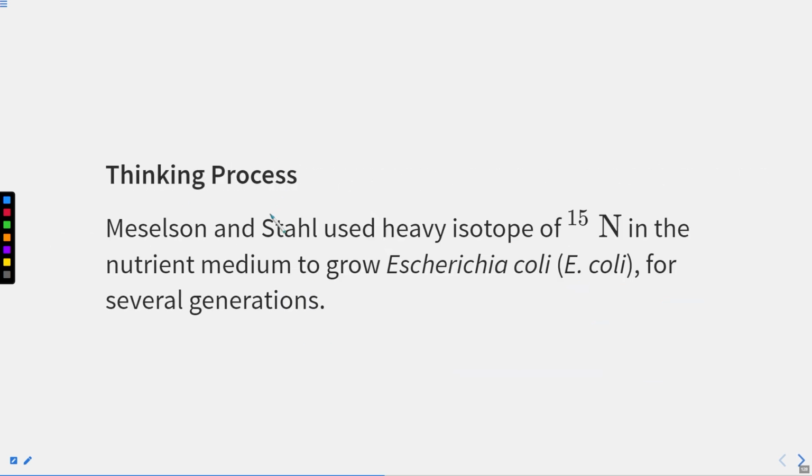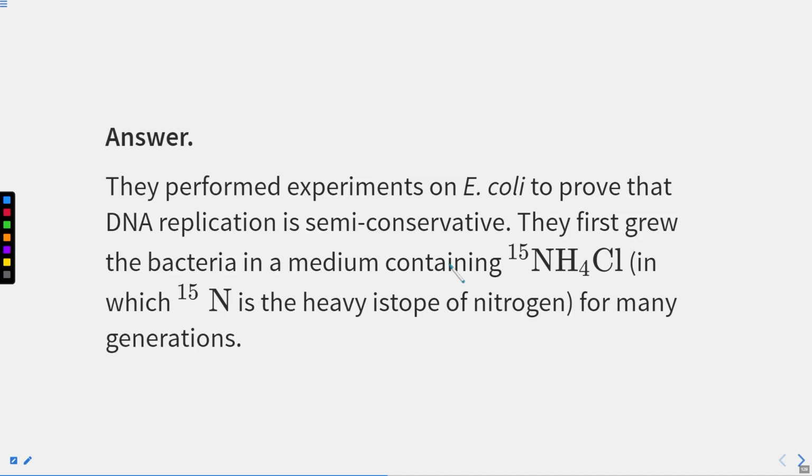So let's talk about this. Meselson and Stahl used the heavy isotope, which is N15, in the nutrient media to grow E. coli bacteria for several generations. So initially both the strands consisted of the heavy isotope of nitrogen, meaning N15 and N15. Now, they performed experiments on E. coli to prove that DNA replication is semi-conservative.